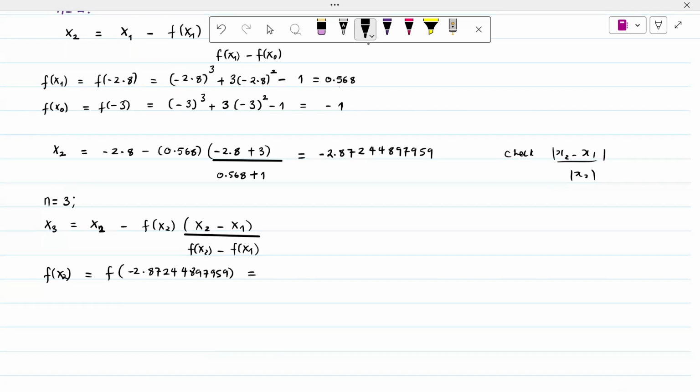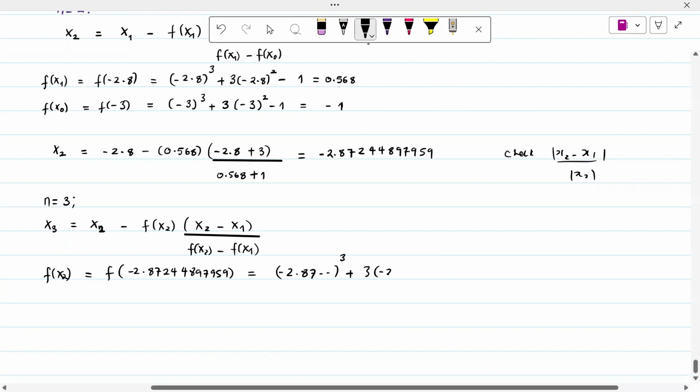So we can substitute those values in the function, which is 3 times negative 2.87, you can put all the values that are required, squared minus 1. So how much is that? Okay, so let us find out.